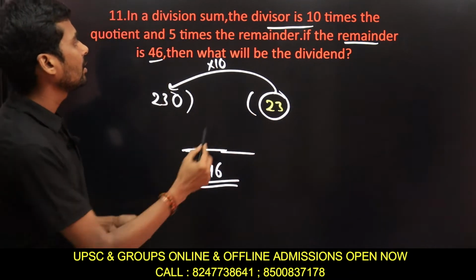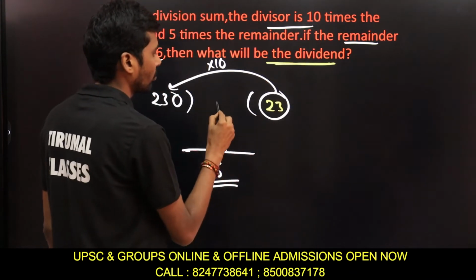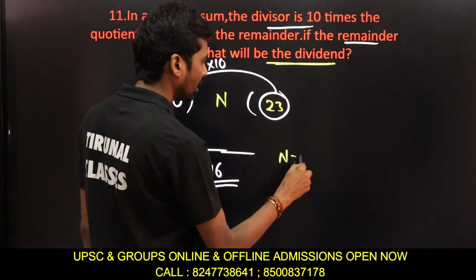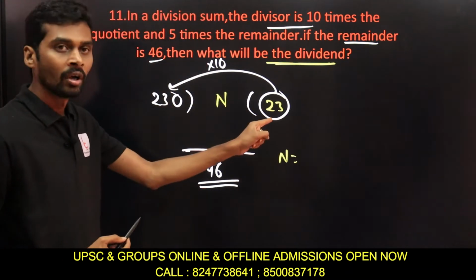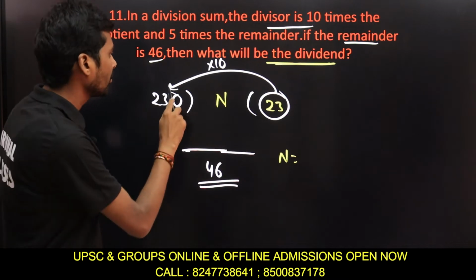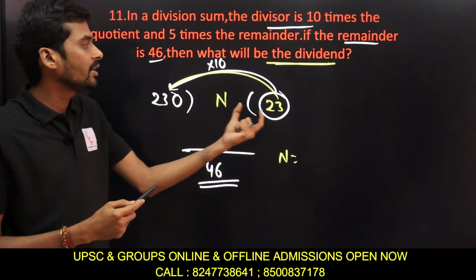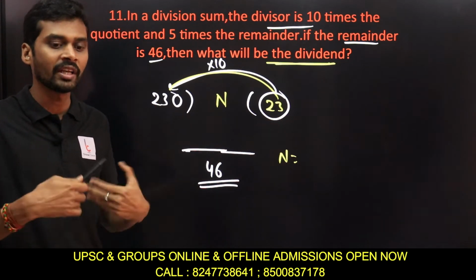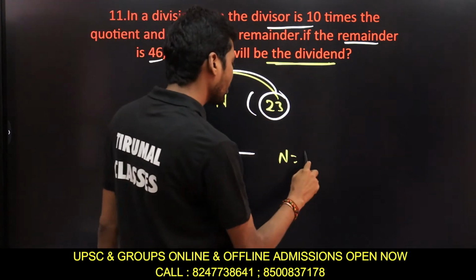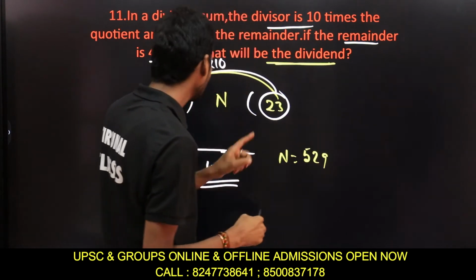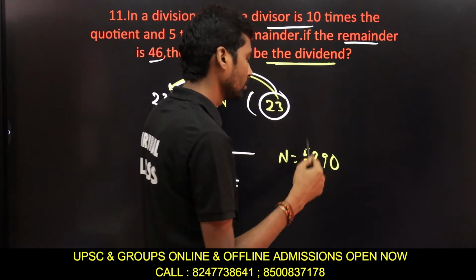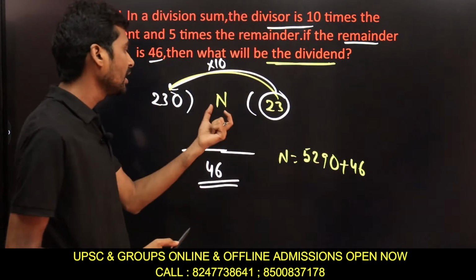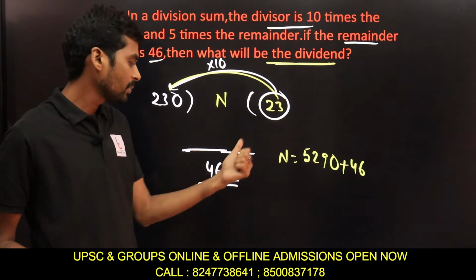Now we have to find the dividend. The dividend n is equal to divisor into quotient plus remainder. So divisor into quotient means 230 into 23. First of all, 23 into 23 is 23 square, which is 529. So here we have 5290 plus 46, because the dividend is equal to divisor into quotient plus remainder.